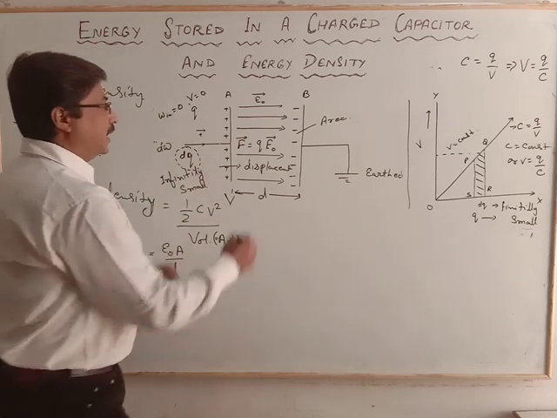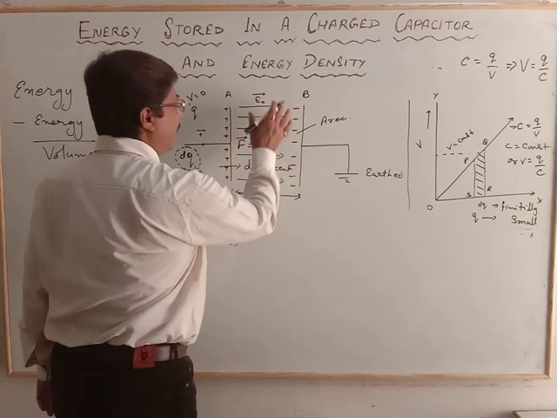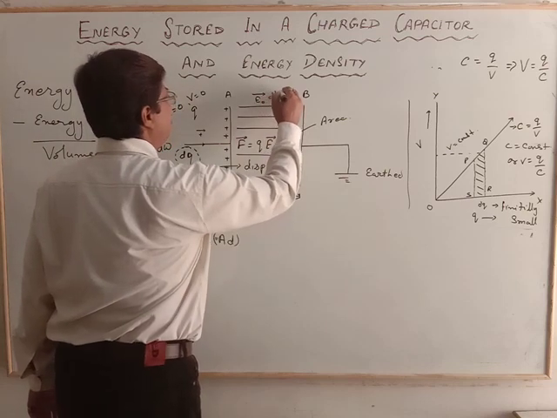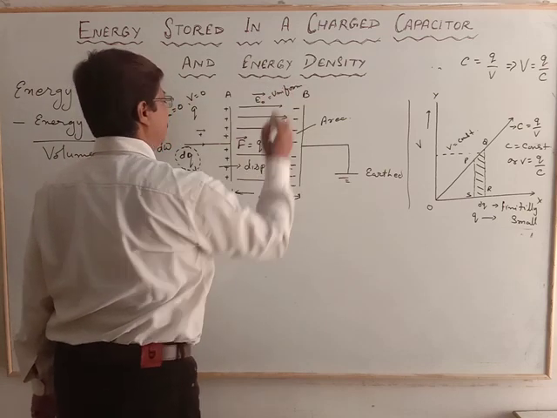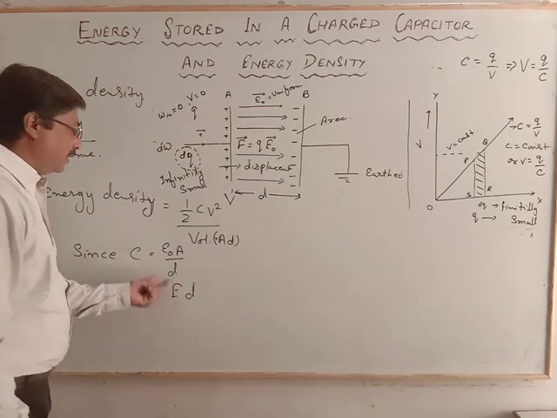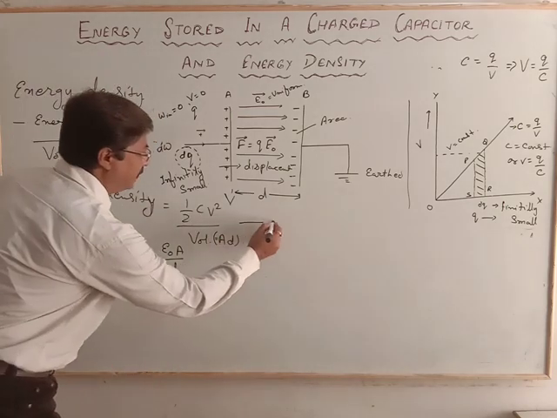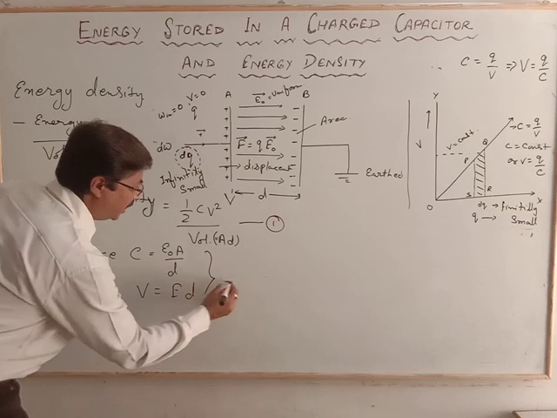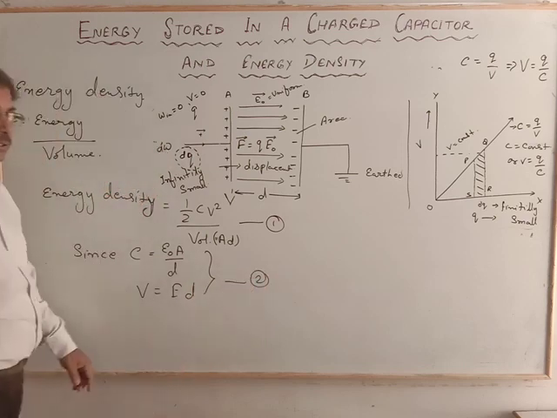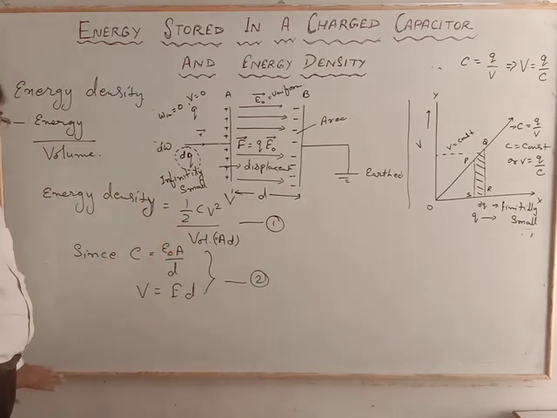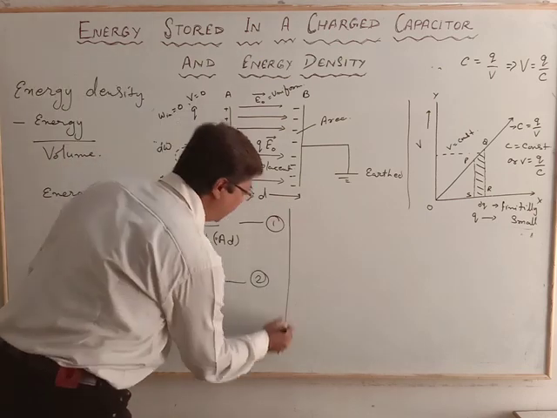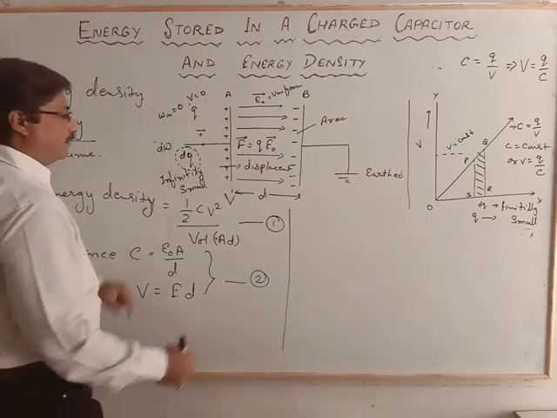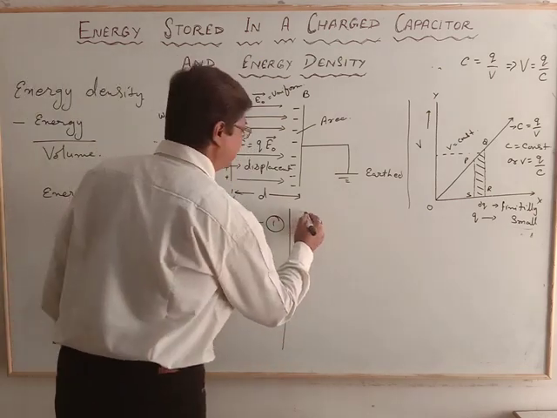Now, we know that the electric field along this is uniform. Thus, let this be equation 1 and these two be equation 2. Just substitute here, and we have the relation for energy density.